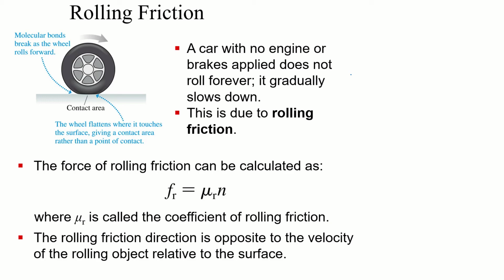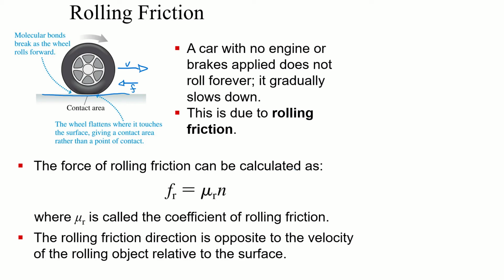The friction force is again going to be parallel to the surface that's applying that force, and it's going to be in the opposite direction the object's rolling. So if this tire is rolling that way, that's the direction its velocity is relative to the surface. Just like with kinetic friction, the rolling friction is going to be in the direction that's going to try and stop that object from rolling.